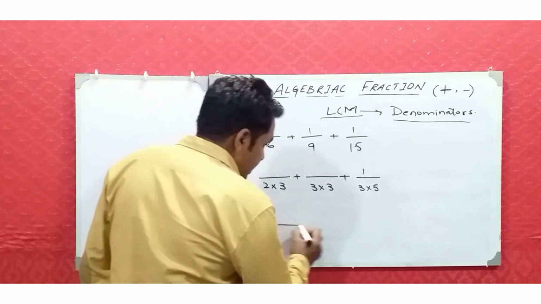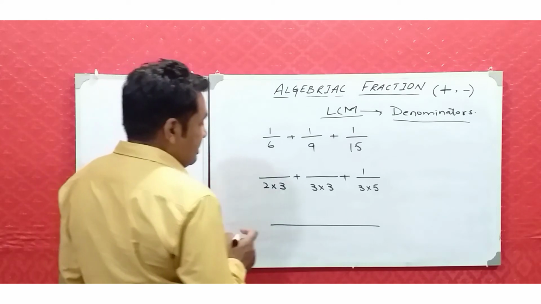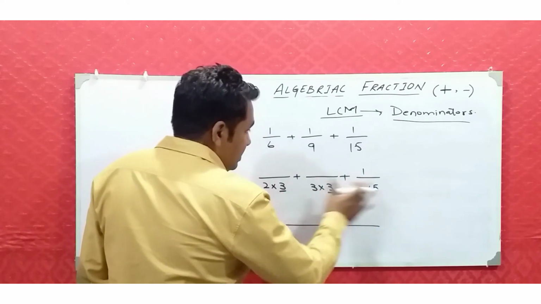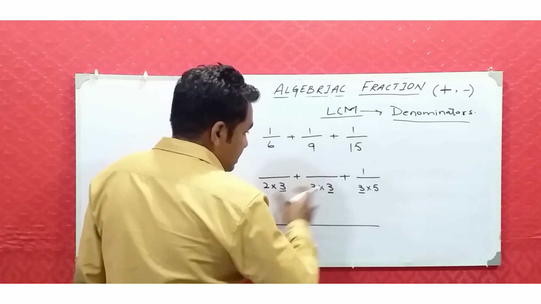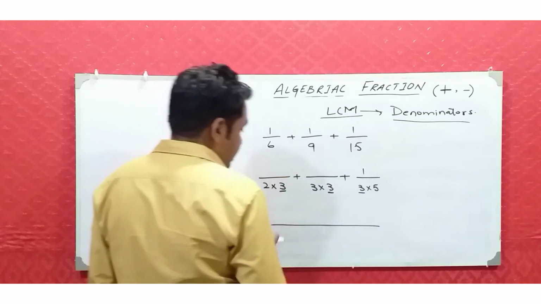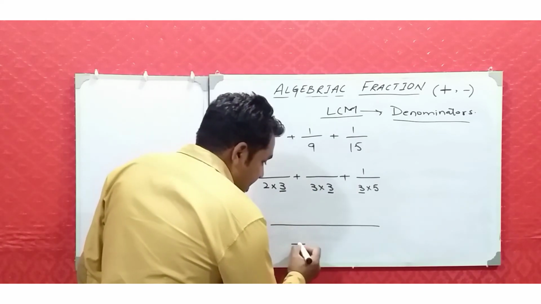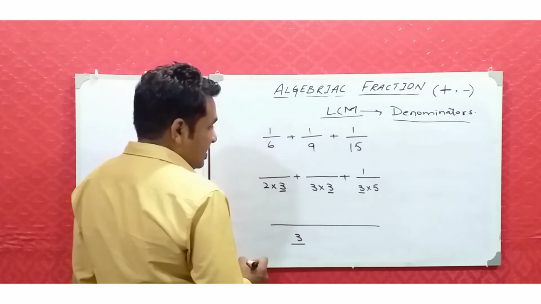Now when we take their LCM, this 3 is coming in all 3 fractions. I have underlined it, so this underlined 3 will definitely come.